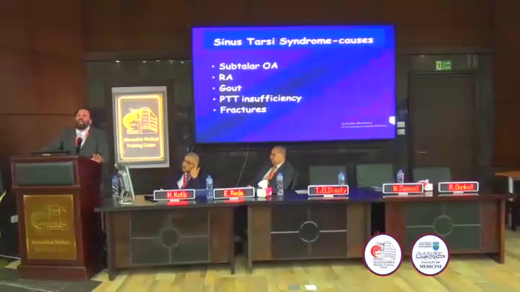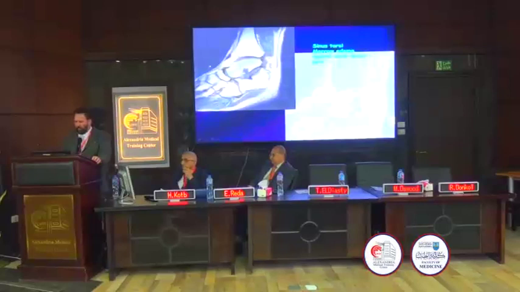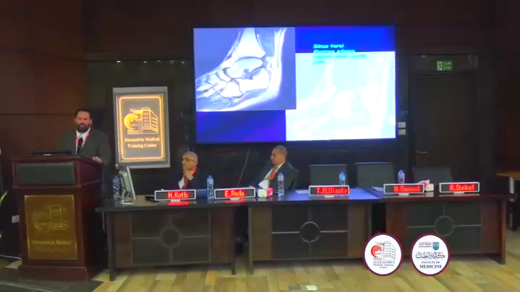is the subtalar joint becomes distended. And here's the subtalar joint. Here's the anterior recess. As this anterior recess distends, it starts pushing on the sinus tarsi. Tomorrow we're going to speak about tendons.